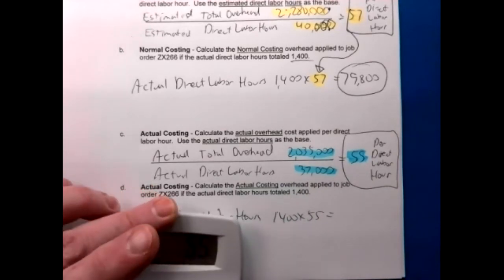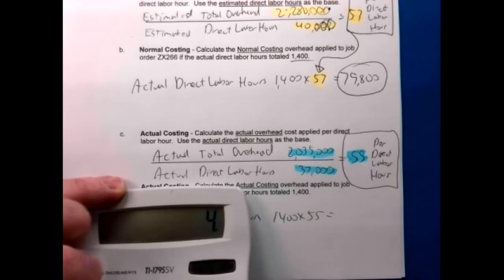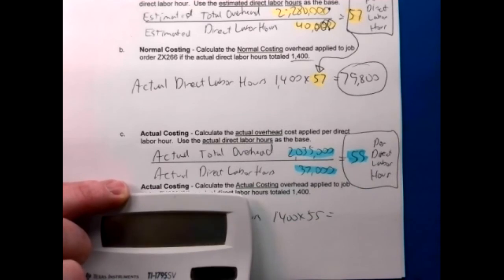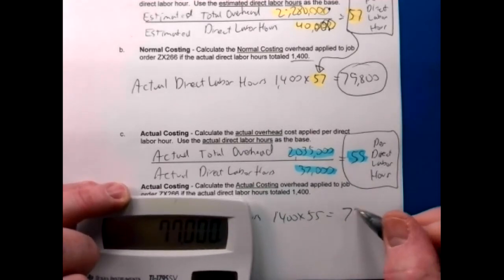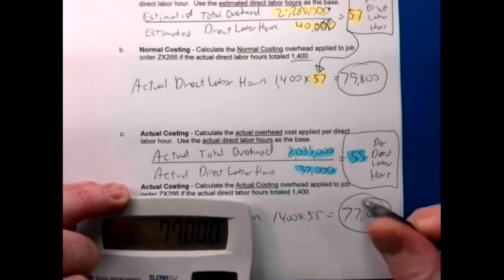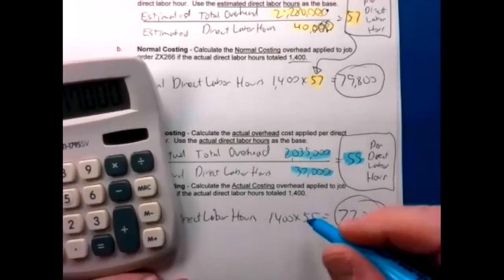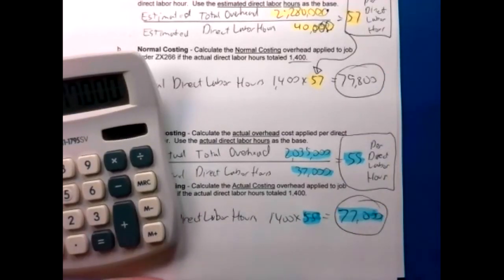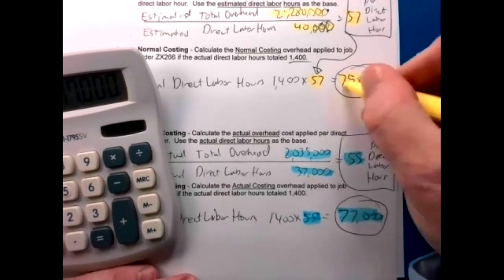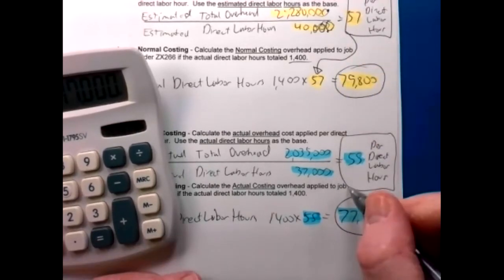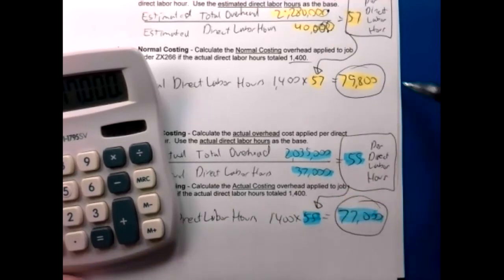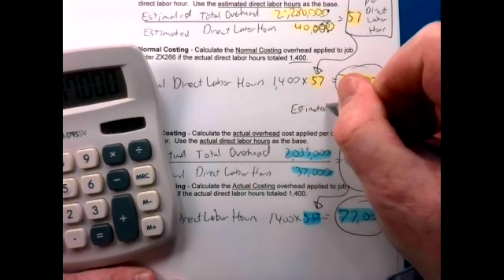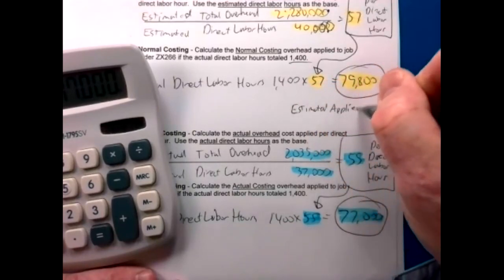Is that 77,000? Yeah. Yep. Yeah, so this would be what would be the estimated applied overhead.